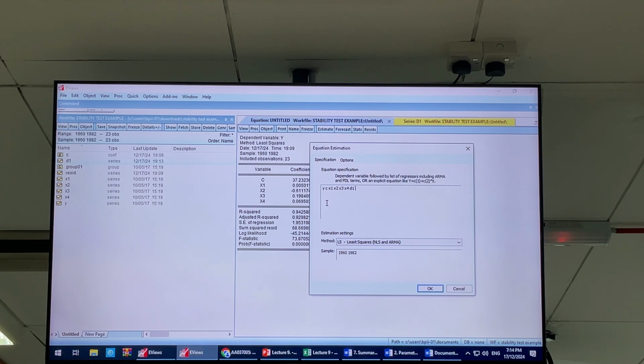So we need to have interaction between the dummy and each of the independent variables.